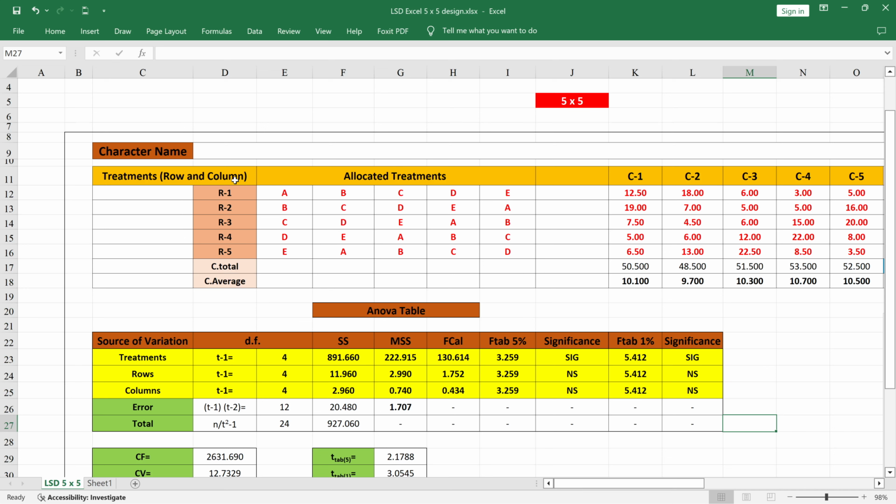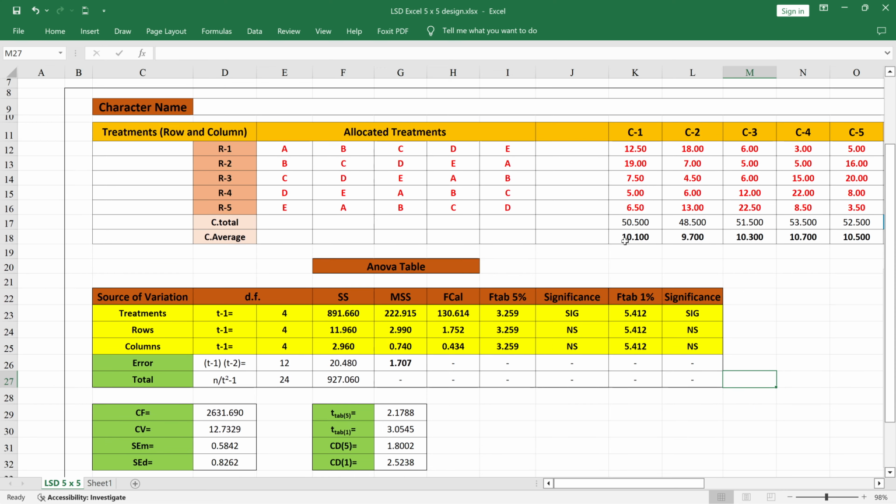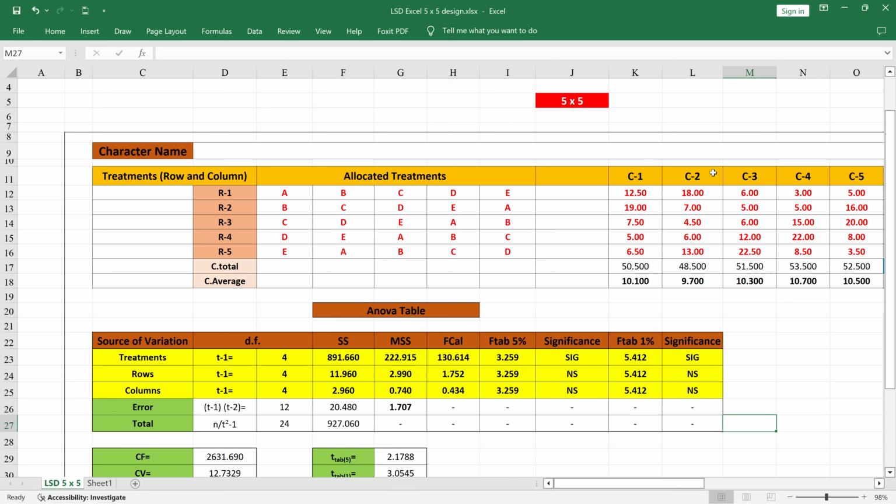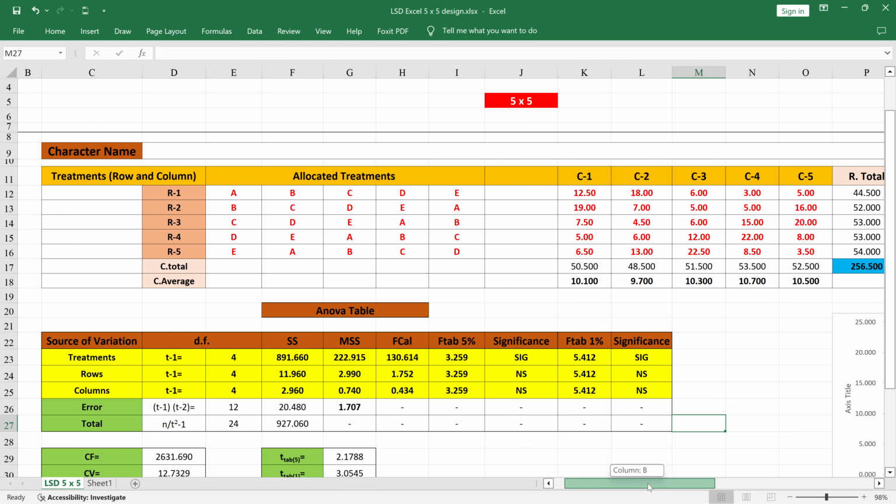Keep in mind, here are the row and column, because if we apply this design on the field, we can control the fertility gradient of soil in two ways. See here R1, R2, R3, R4, R5, then C1, C2, C3, C4 and C5. These are the columns and these are the rows.